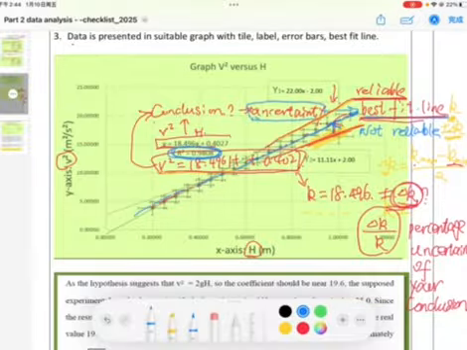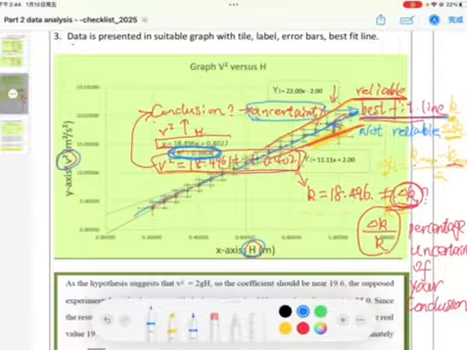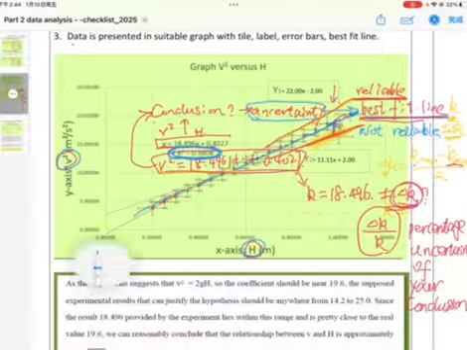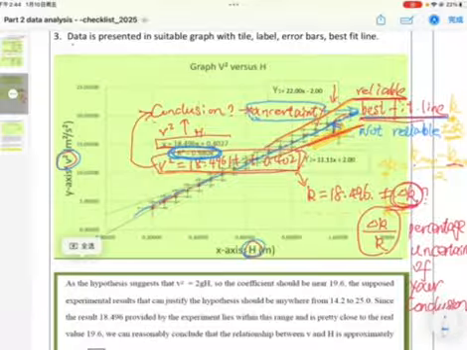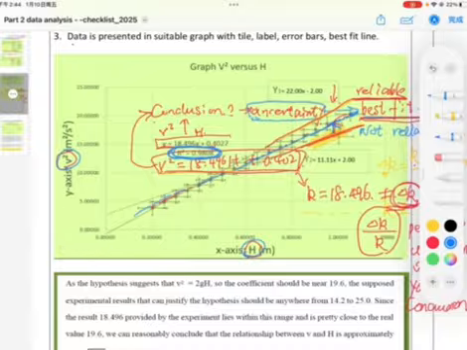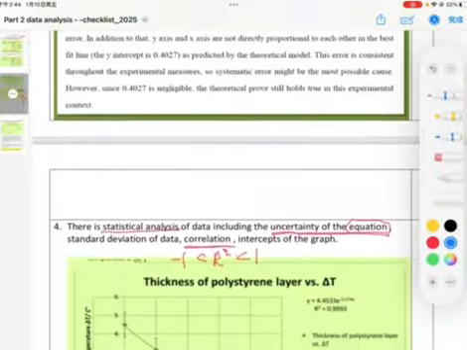Okay, correlation is showing up, and this shows a very high correlation, indicating that H and V square are closely related. Okay, and that's another reference that you can use to discuss and to analyze your data.